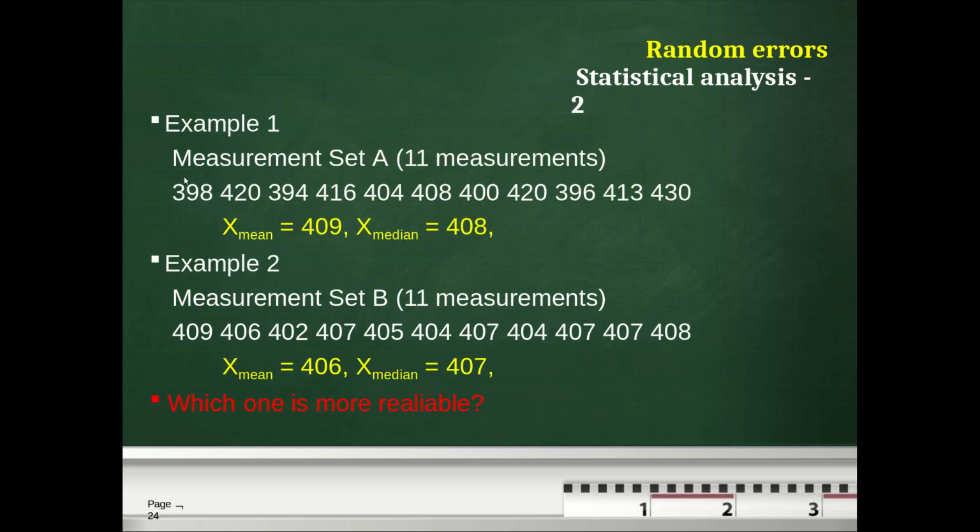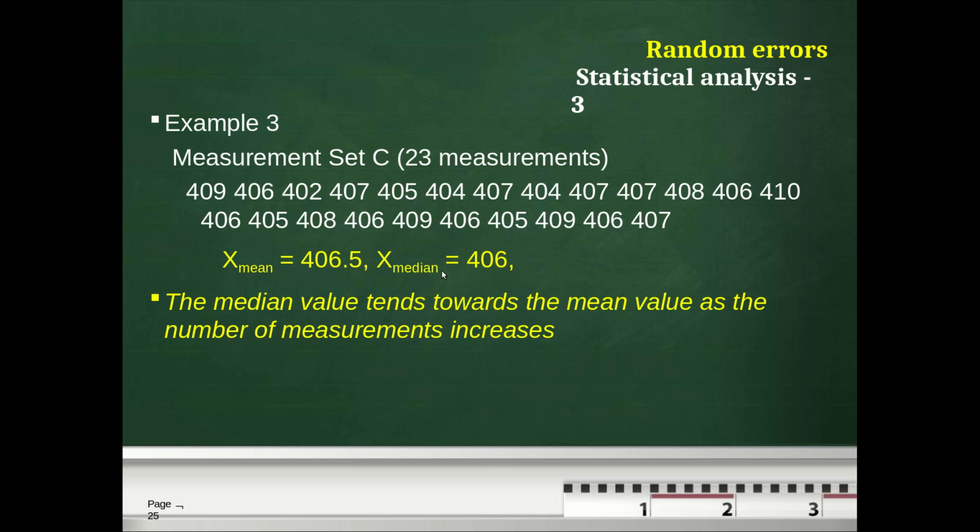So for example, we have all of these measurements. We can see that x mean is equal to 409, x median is 408. So the values are different. What is meant by that?